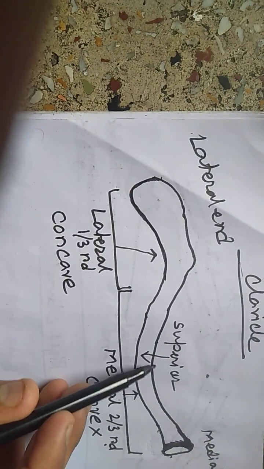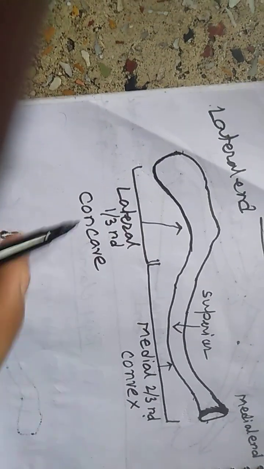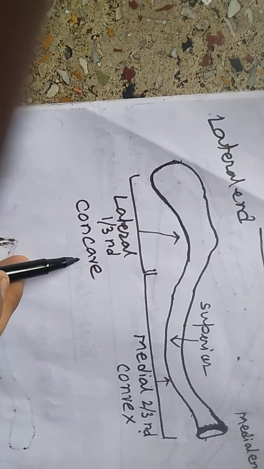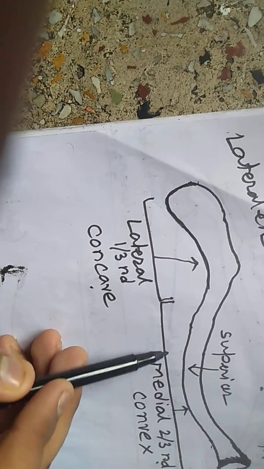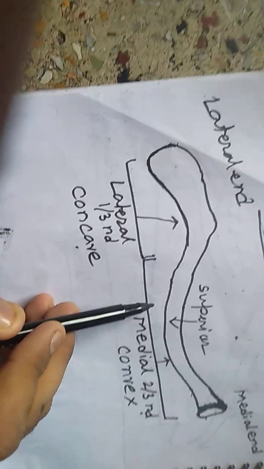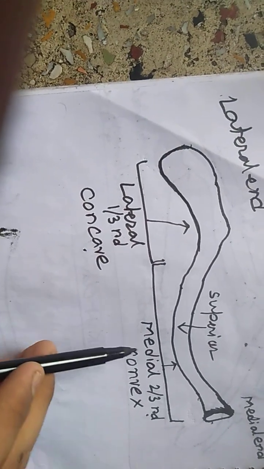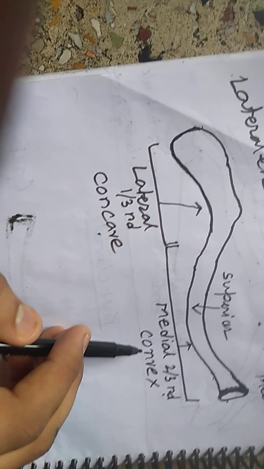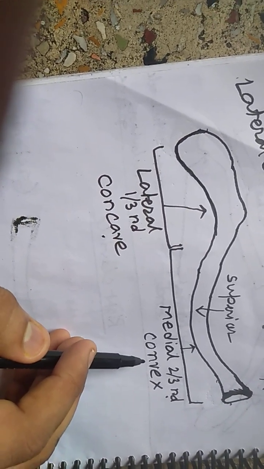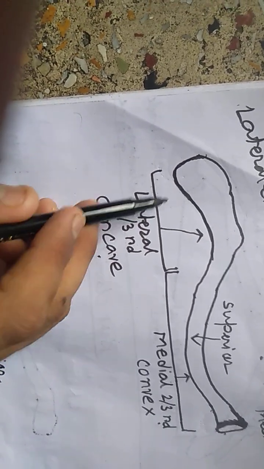Okay, in the superior view, the medial two-third is convex and the lateral one-third is concave. This is the anterior part, so we should hold the clavicle bone so that the medial two-third makes the convex part, and the lateral one-third makes the concave part.